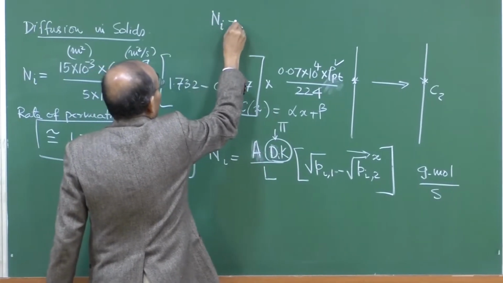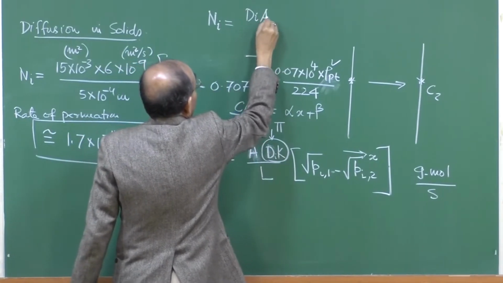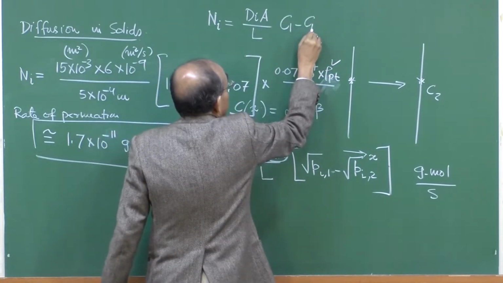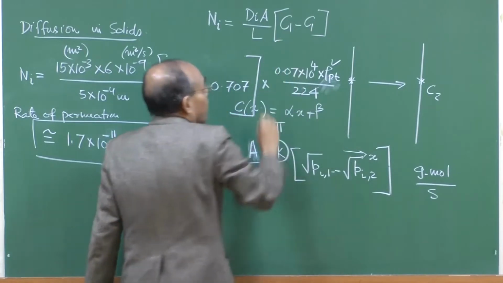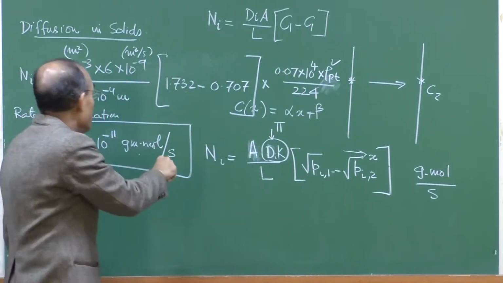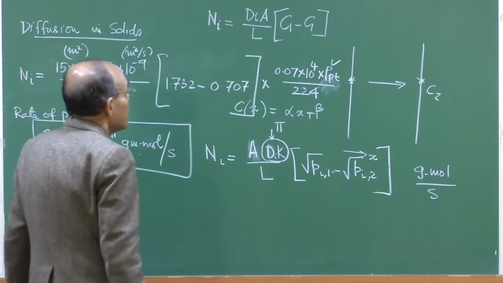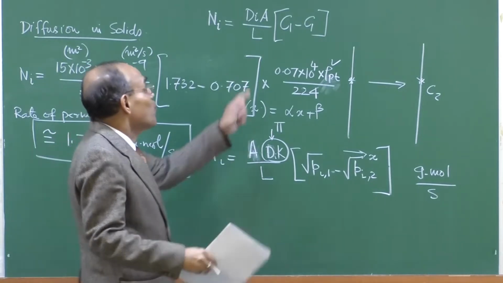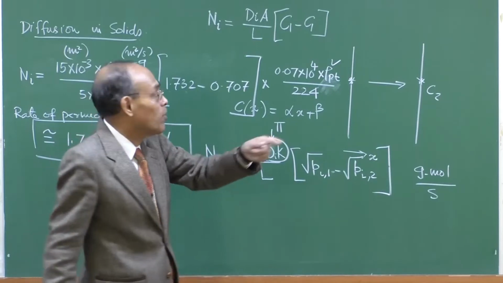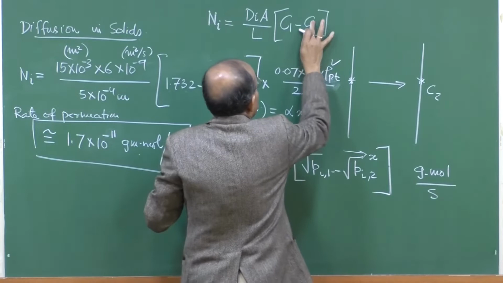Remember that n of i is equal to D of i multiplied by area divided by L, the path of diffusion, into C1 minus C2. So, this is the integrated form of the governing equation that I have written earlier, and you must be careful when you substitute the units. For example, if you are given units in weight percentage, do not just substitute the weight percentage values here, C1 minus C2.